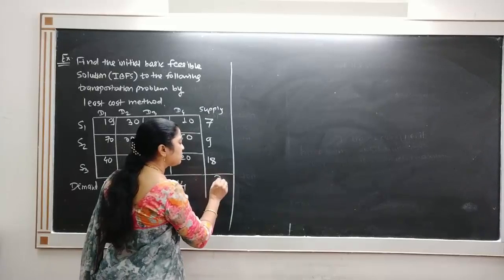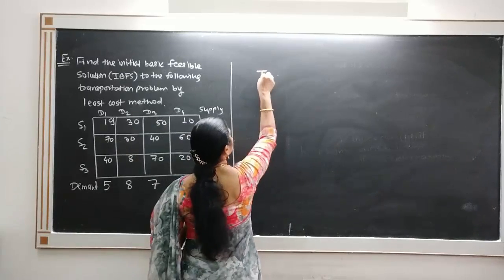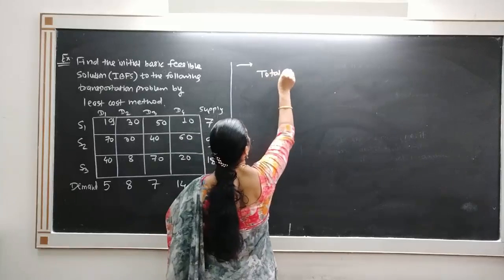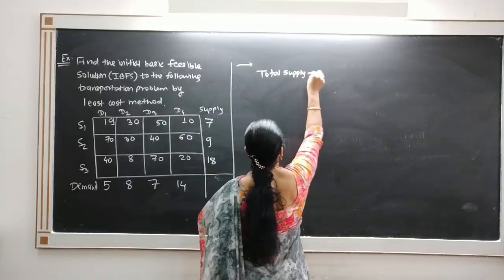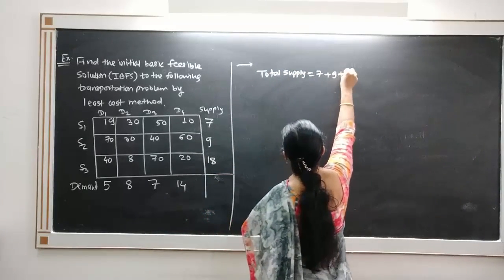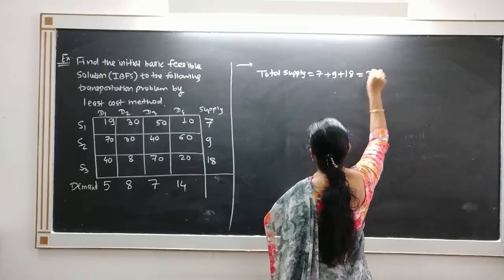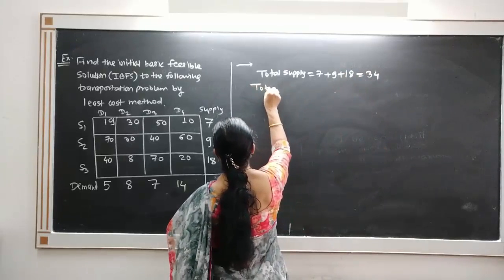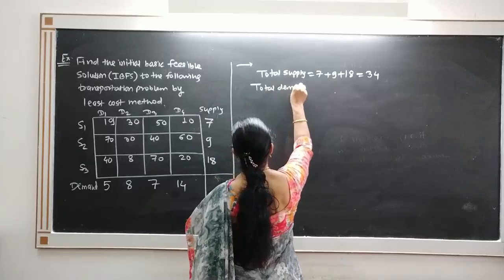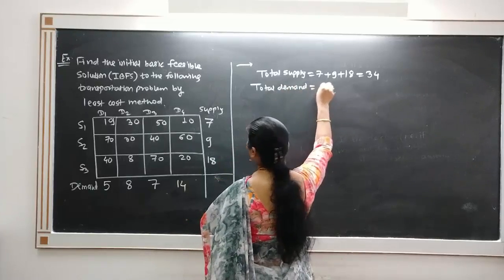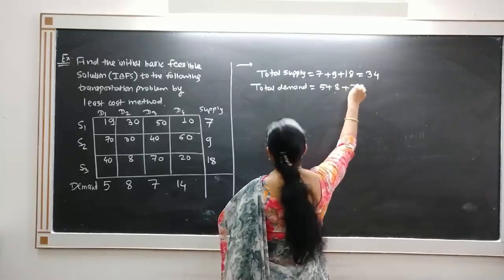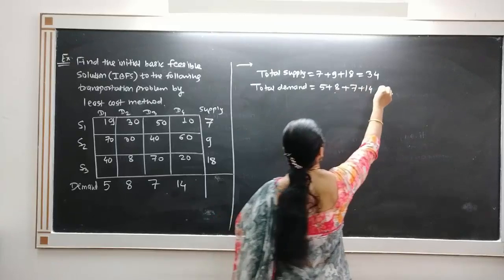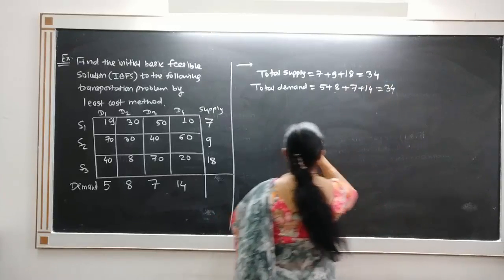Total demand is 5 plus 8 plus 7 plus 14, which is also 34.